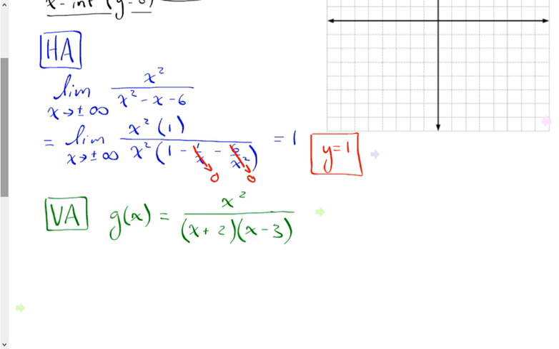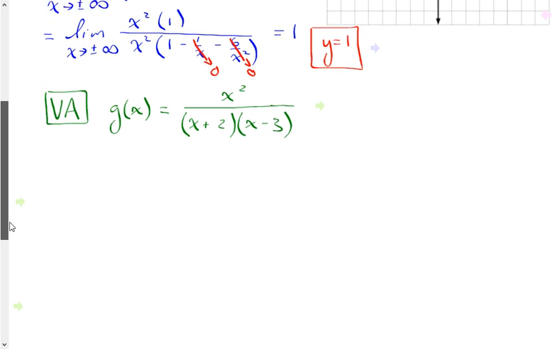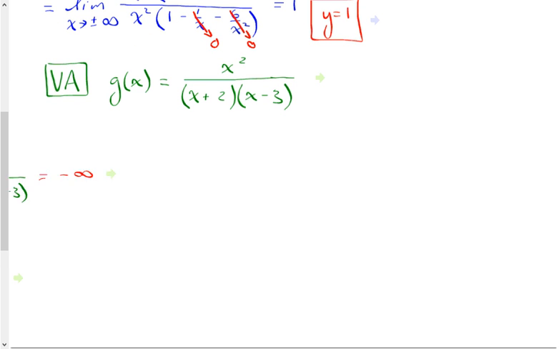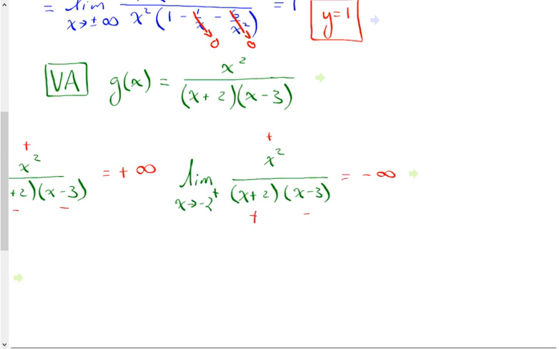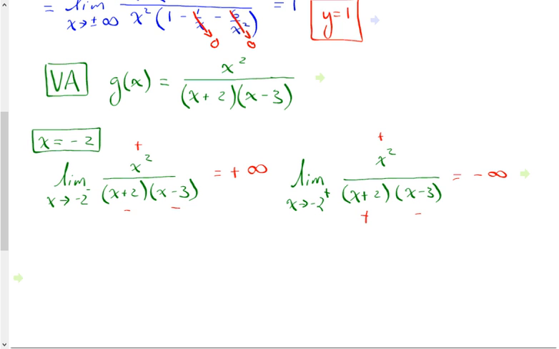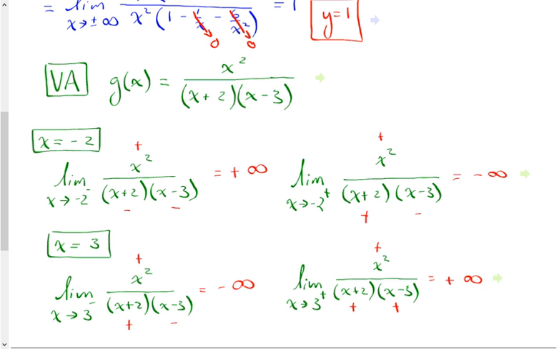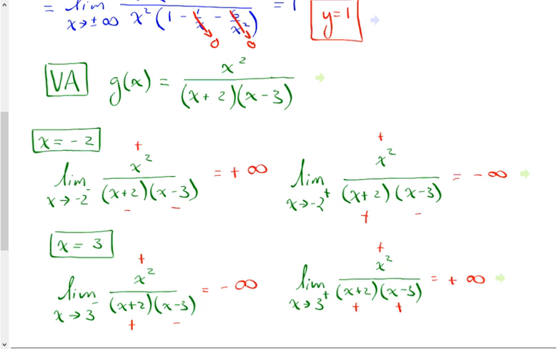Looking at the vertical asymptotes, there's my function with the factored denominator, so I'll have two vertical asymptotes again. As x approaches -2 from the left and the right, I get the infinities it's approaching, and then the same for 3 from the left and the right.